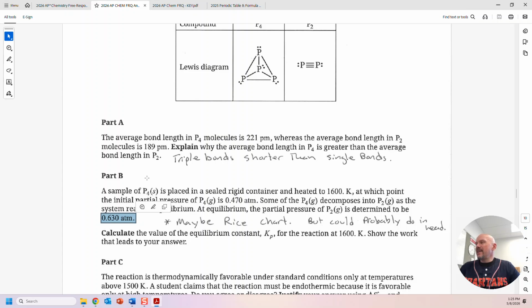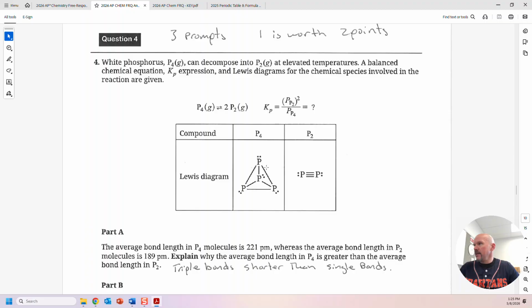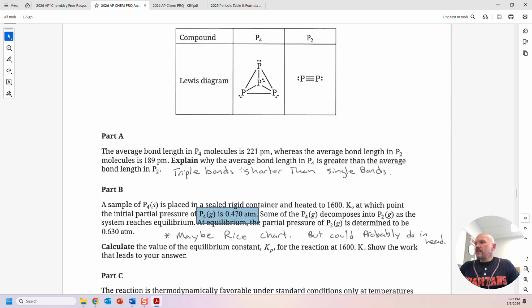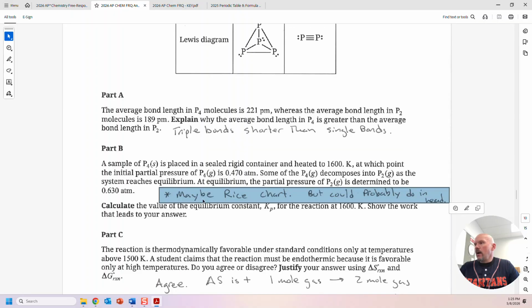And we have to use that information to figure out the equilibrium partial pressure of P4, which is not 0.47. So we want to make sure we don't plug in 0.47 into here because that's not the equilibrium partial pressure. That's the initial partial pressure of that thing, right? So this is a great place to make a rice chart, kind of organize your work. And then once you get your equilibrium partial pressures, plugging them into the expression and solving for Kp.